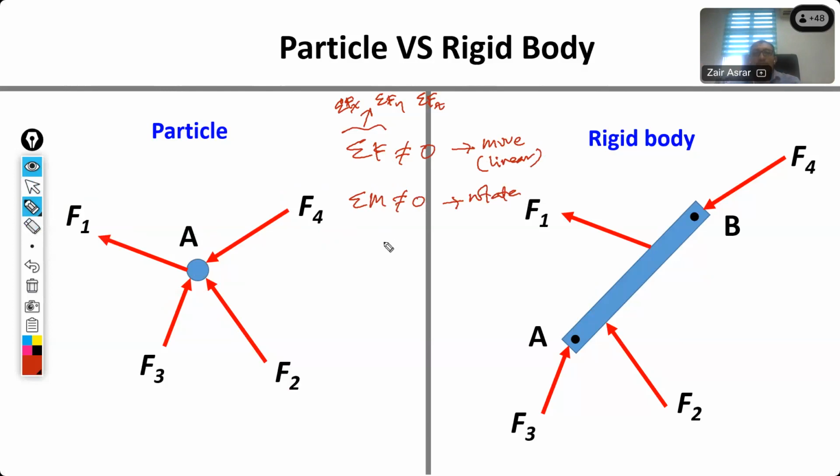So this is the first case: summation of force not equal to 0 and summation moment also not equal to 0, so the object will move with linear and rotational motion in combination.